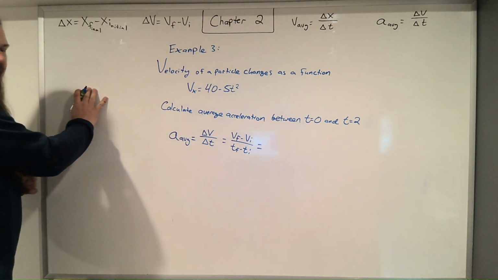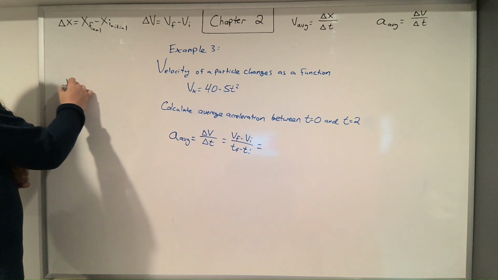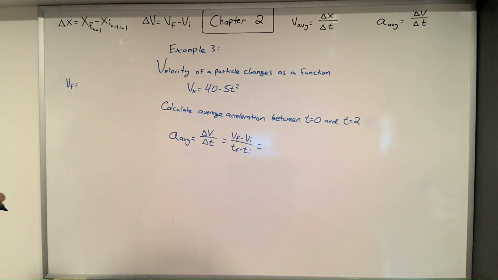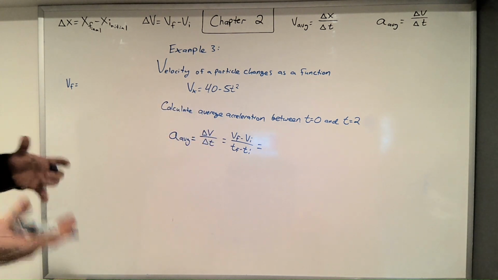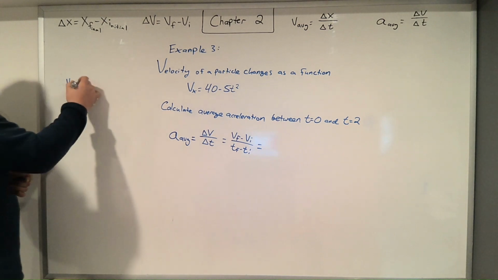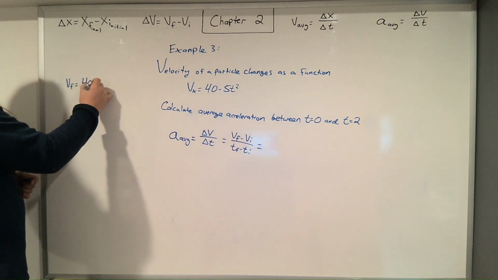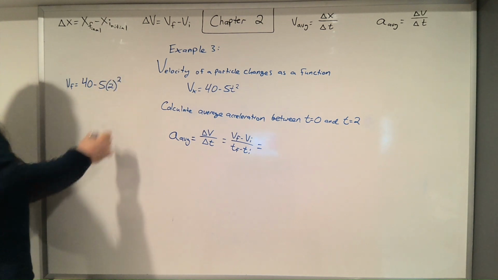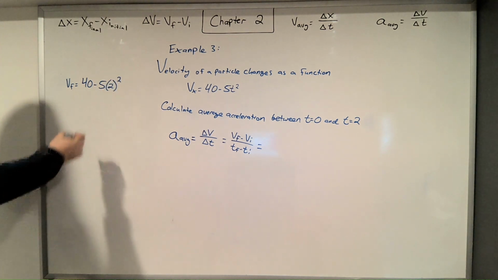Now, we'll have to figure out what VF and VI are. So let's go to the side. Let's check out what VF is. So VF would be at the final time. Here, the last time is 2 seconds. So let's plug in 2 for t. We'll have 40 minus 5 times 2 squared. Okay, what does that come to?